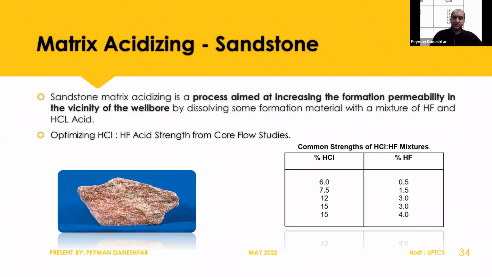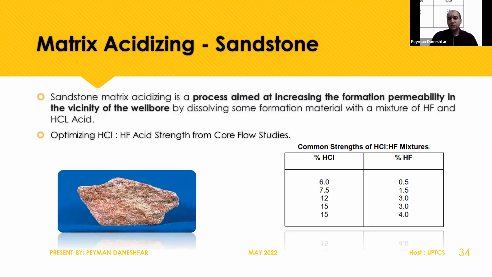One of the important things that we should do in our laboratory is to optimize the mixture of HCl and HF acid. If you see the table, we have some mixtures, 6% HCl and 0.5% HF, and some other mixture strengths that you can see in the table.